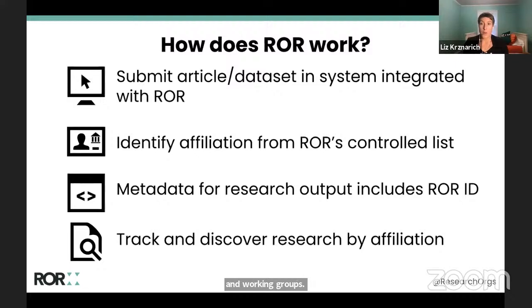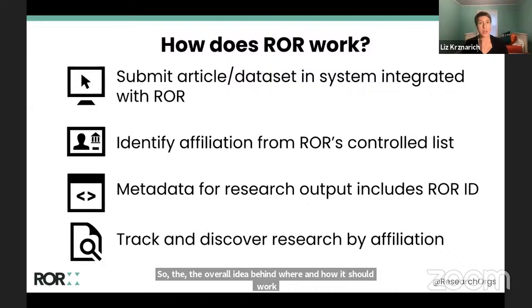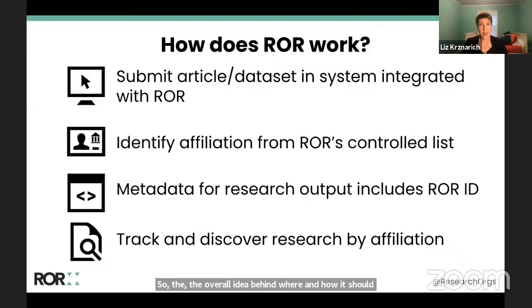So the overall idea behind ROR and how it should work in a tactical way is that researchers submit articles and data sets to systems that are integrated with ROR. They, of course, identify their affiliation, or their affiliation is somehow associated with that object using a ROR identifier.